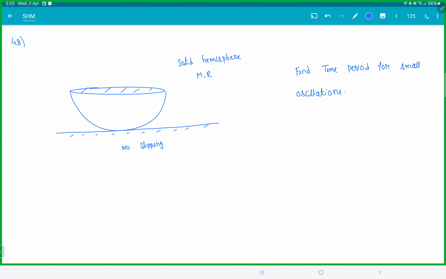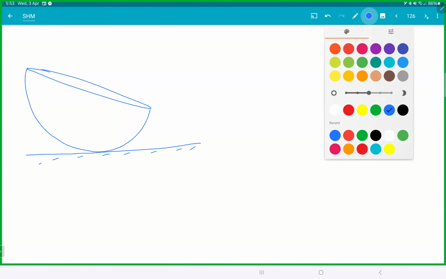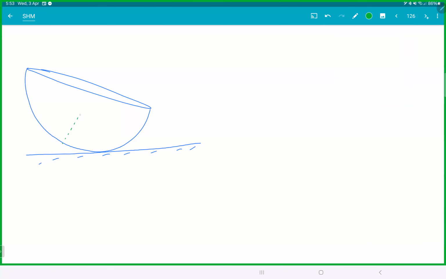How do you always start? Disturb it by a small displacement. I'll help you with the free body diagram. I'll exaggerate the figure a bit. So initially this was the center, let's call it O. The center of mass was somewhere here.